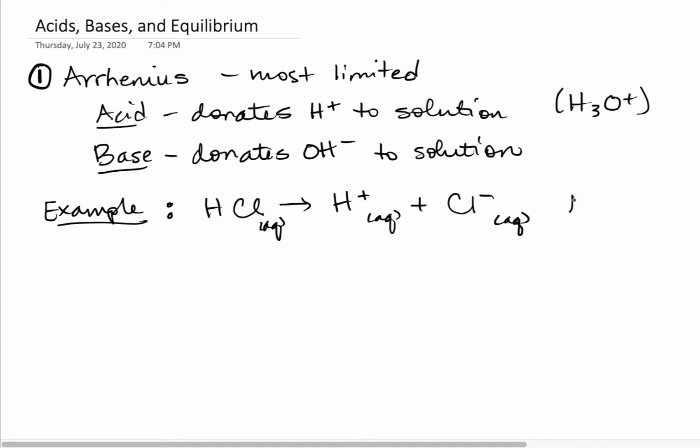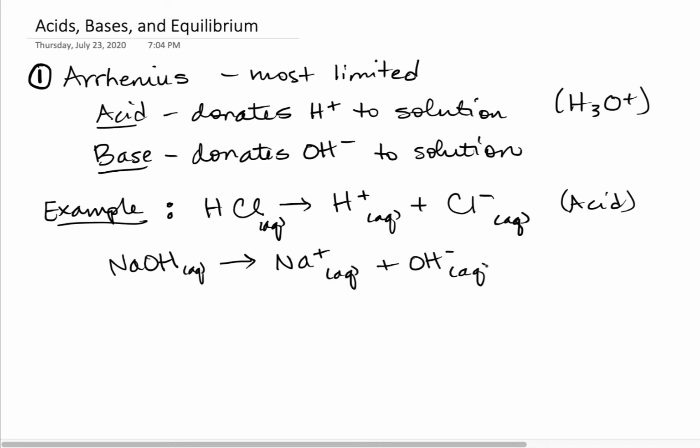And so that would be an acid. And then one of our typical bases is sodium hydroxide. And we know that this too is a soluble ionic compound, and it dissociates into sodium ion and hydroxide ion. And so because it dissociates and gives up hydroxide ion into the solution, it is a base.